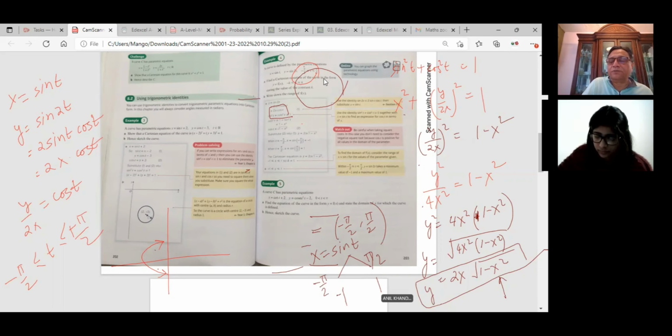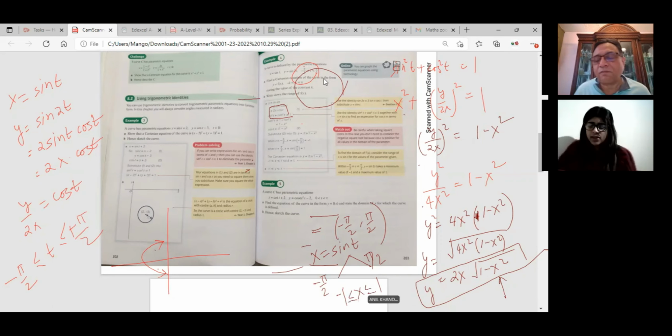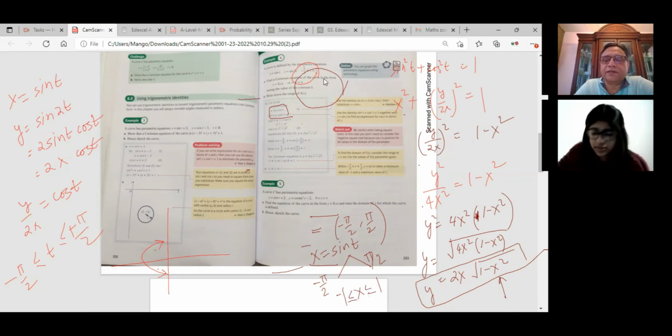So that is the value of x. We have to substitute pi by 2 into x equals sine t, because t has that restriction. So x is between 1 and minus 1, because they use the parameter k equal to 1. That makes sense, that's clear.